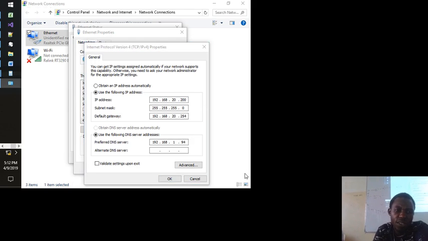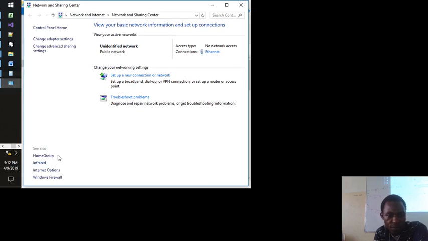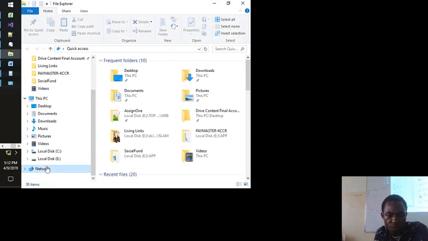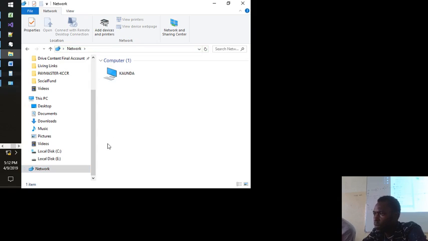So if I come here, or if I go to my network place, so if you go to network, enable, turn on network discovery.